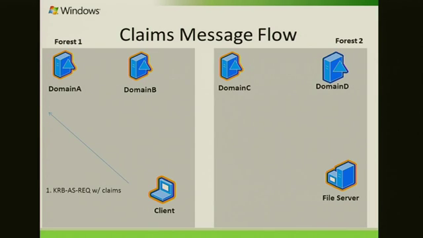So what you're going to see is first, the client is going to send a Kerberos AS request with claims, right? I want to authenticate with claims. Then the domain controller is going to go and collect the claims through that great AD voodoo magic that we learned about earlier today, right?